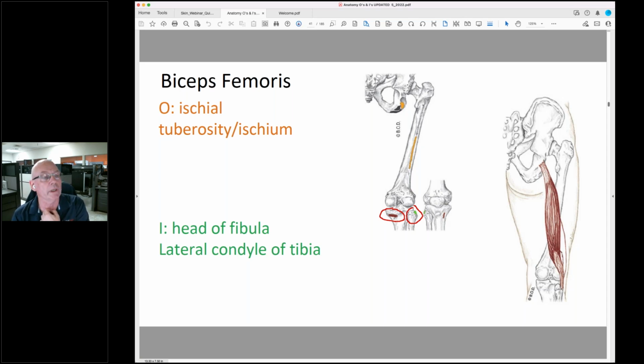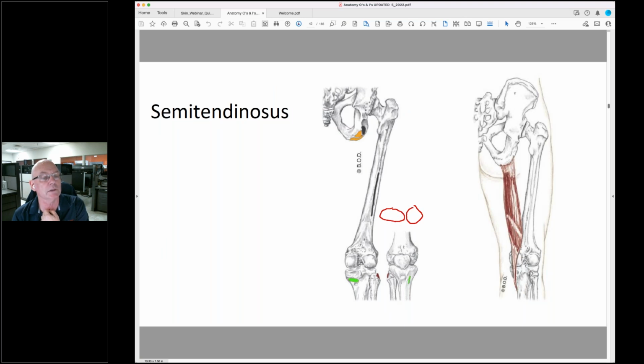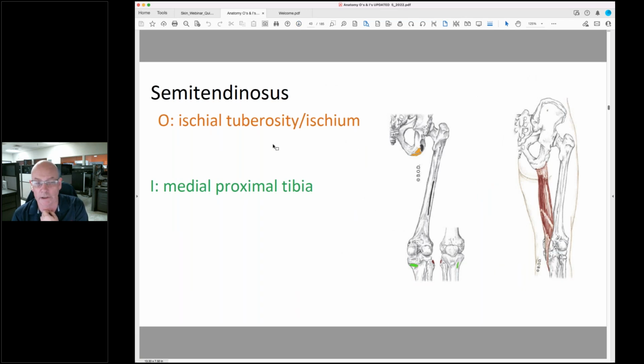So going down, semitendinosus. Origin and insertion are, once again, ischial tuberosity of the ischium. It's going to be true for all three of them. And now this is the medial proximal tibia.